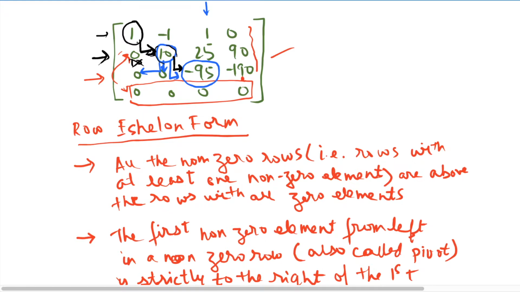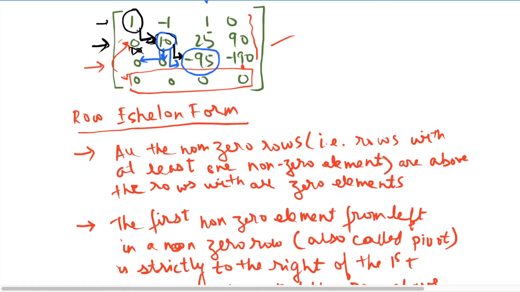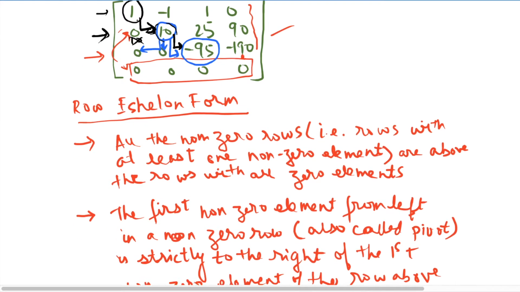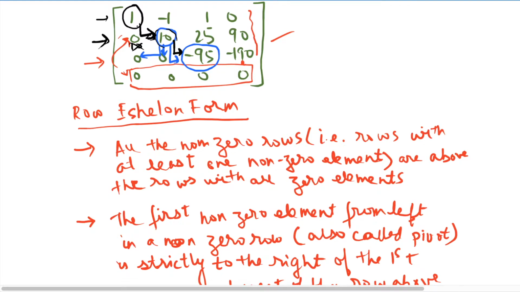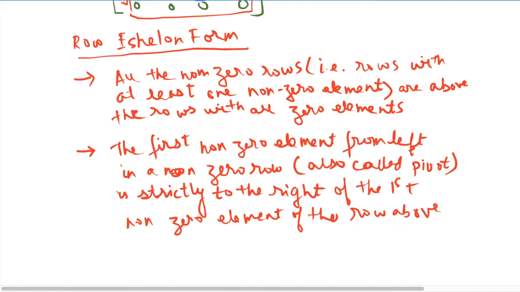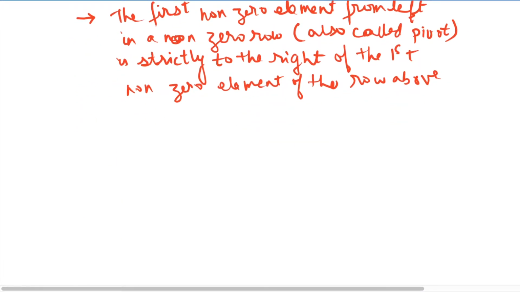Okay, so let's look at a few more examples to solve linear system using Gauss elimination, and I'll point out that how Gauss elimination in the end reduces an augmented matrix to the row echelon form. Okay, so let's consider a few examples. So let's consider Gauss elimination for an undetermined system.